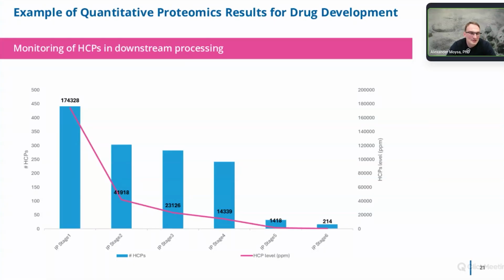This method enables precise tracking of process impurities across different purification steps, supports risk assessment, and ensures compliance with the regulatory standards. Mass spectrometry-based HCP profiling is essential for ensuring product safety, purity, and consistency in the development of therapeutic proteins.